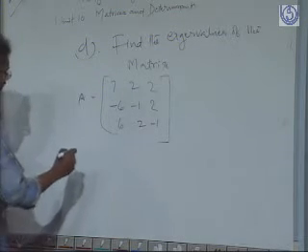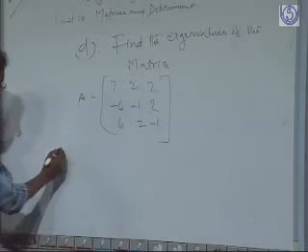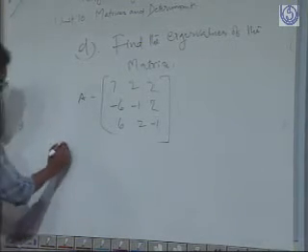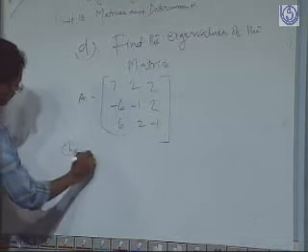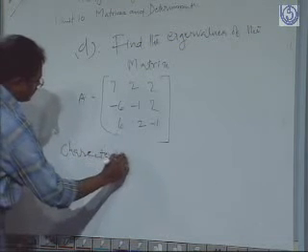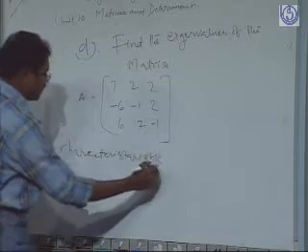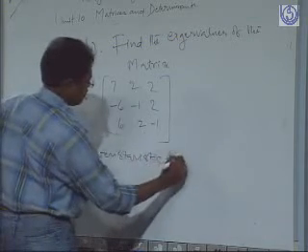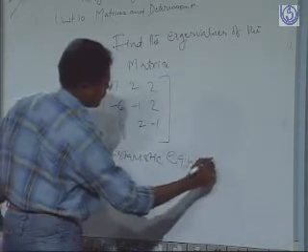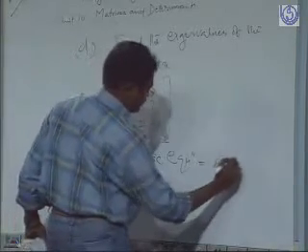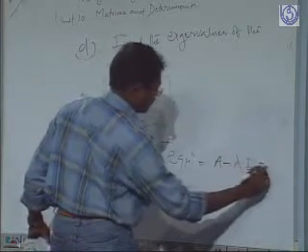For the eigenvalues, we use the characteristic equation. Everybody should know about the characteristic equation. That is the standard formula. Suppose the matrix is A, then the characteristic equation is determinant of A minus lambda I equal to 0.